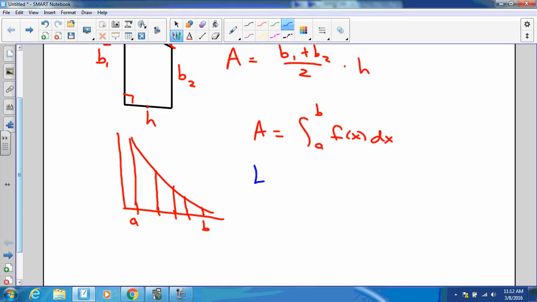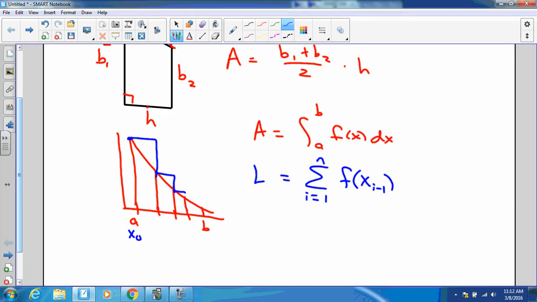And if I were to do a left sum, which we will call L, then I would add up from i equals 1 to n, and the choice would be the x value on the left, which is x sub i minus 1. So if A is x sub 0, I would choose f of x0, and that would give me this rectangle right here.